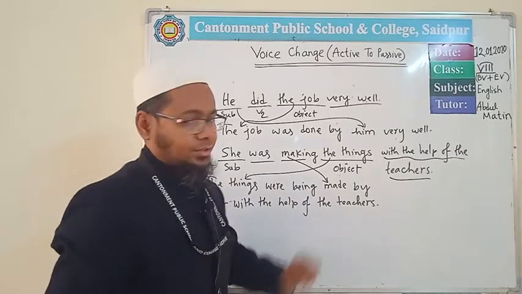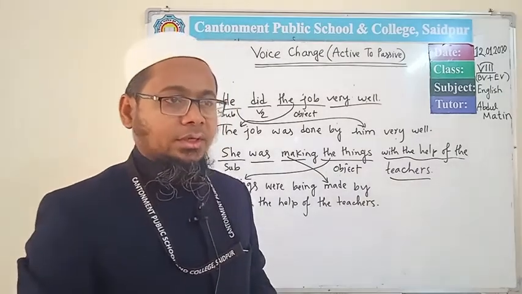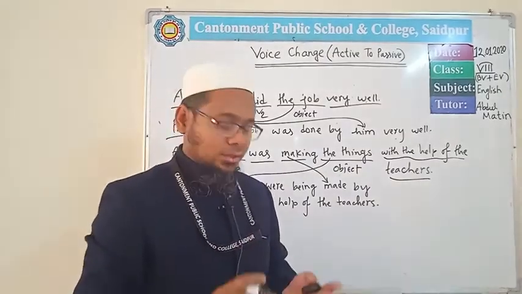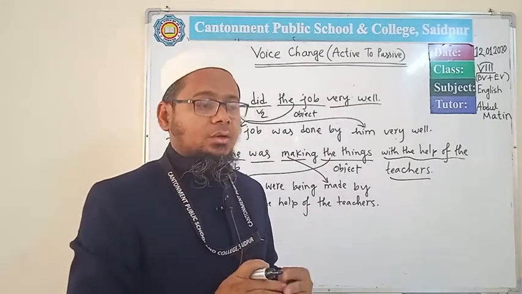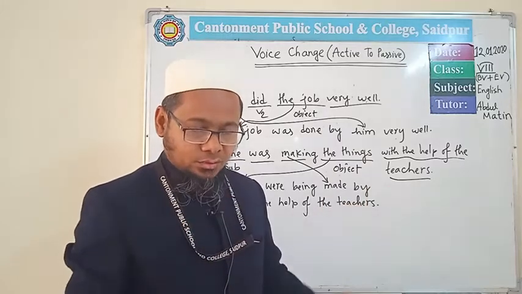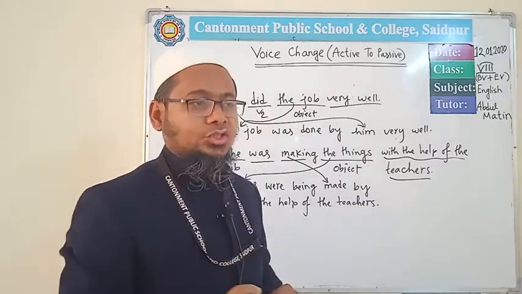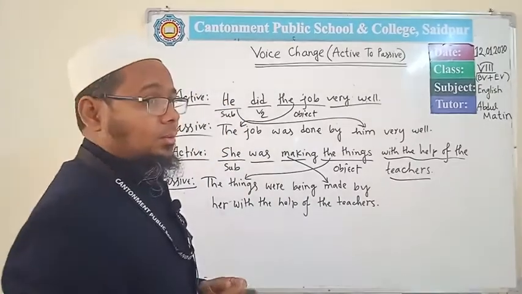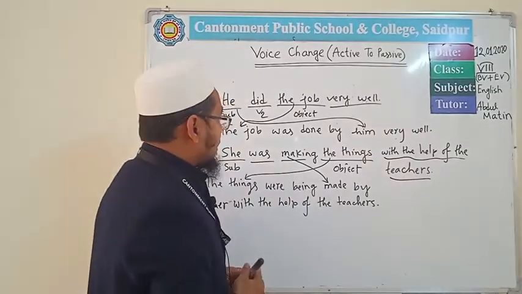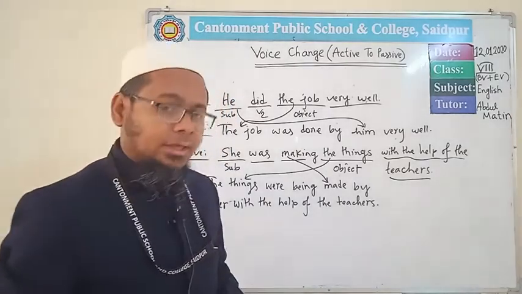So what is the ultimate thing? You have to identify first what is the subject, and which tense it is, and what is the object here, and what are the words of extension. So in this way you can easily change active mode to passive mode in any tense.